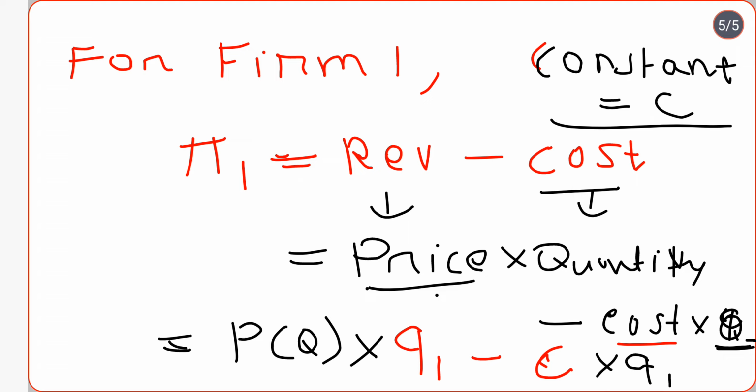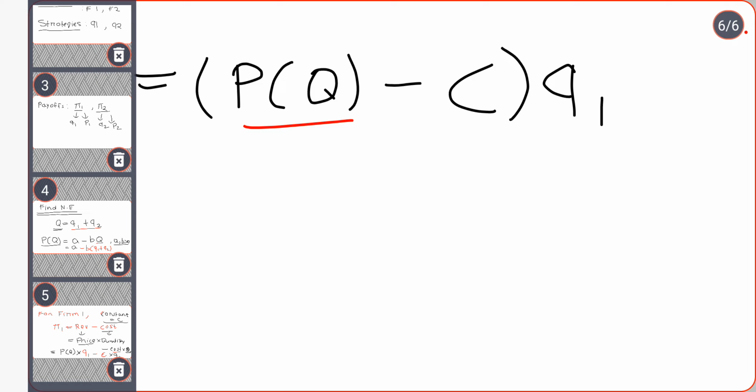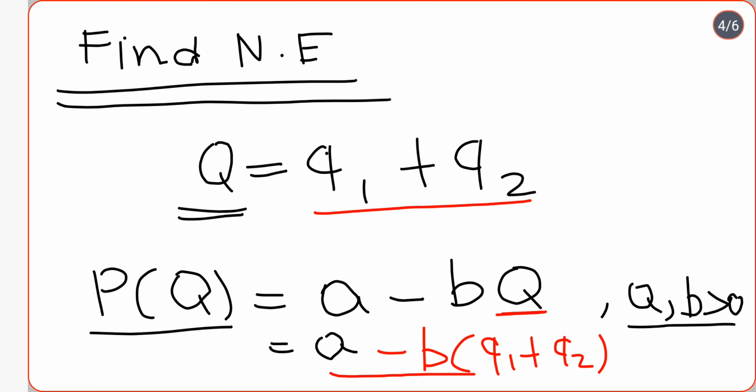If I take Q1 common out of it, it will now become P of Q, which is the linear demand function, minus C, into Q1. Now we all know this P of Q was written as a linear demand function: A minus B into Q1 plus Q2, as you can see from here.